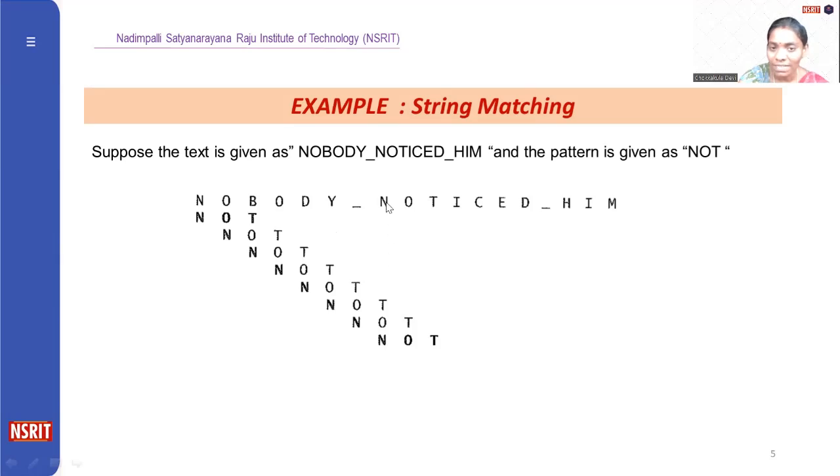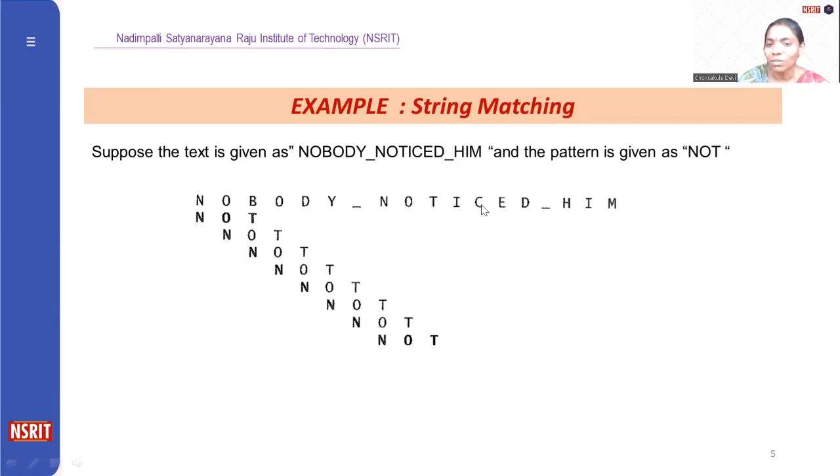And now you can see the first character of the text and the pattern match here. Then it takes the next position of the text as well as the next position of the pattern, and these two are compared. Yes, O and O match. Again both get incremented and it matches the next two characters.